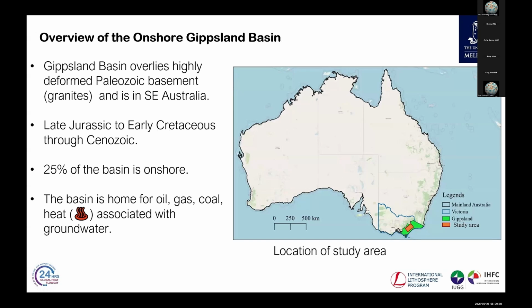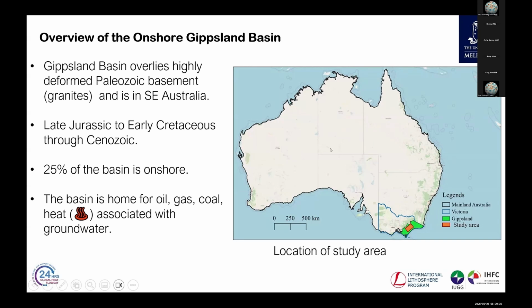So here is the overview of the onshore Gippsland Basin. In this slide, we are going to take a look at where the Gippsland Basin is located, what the geological time range is, the sections of the basin itself, and what the geological resources in the onshore Gippsland Basin are.